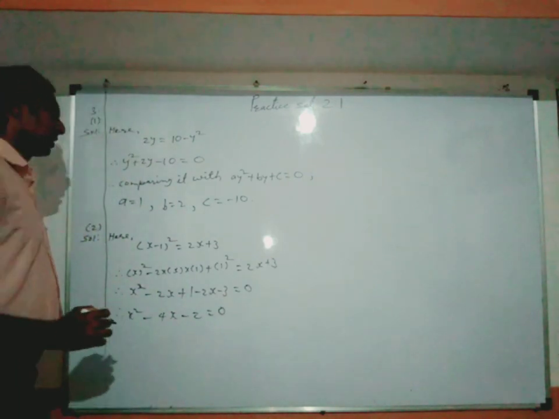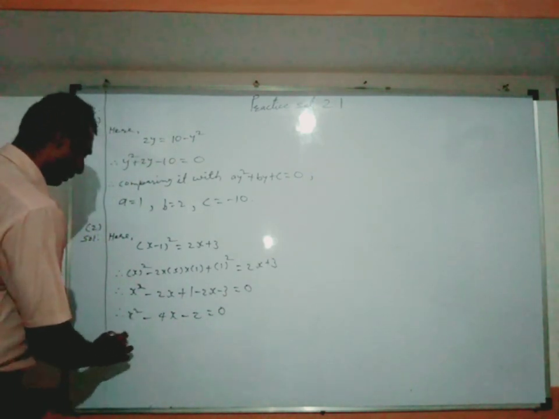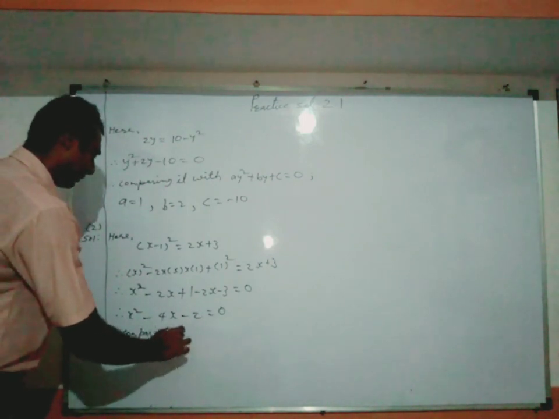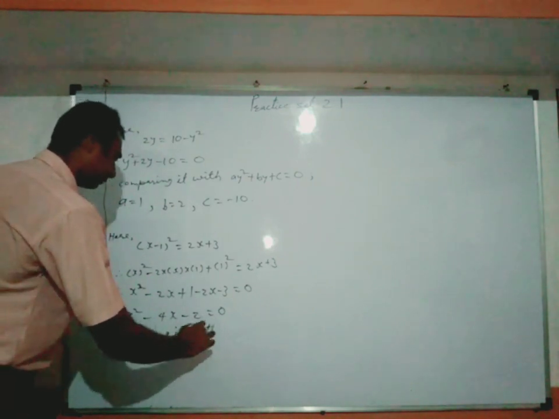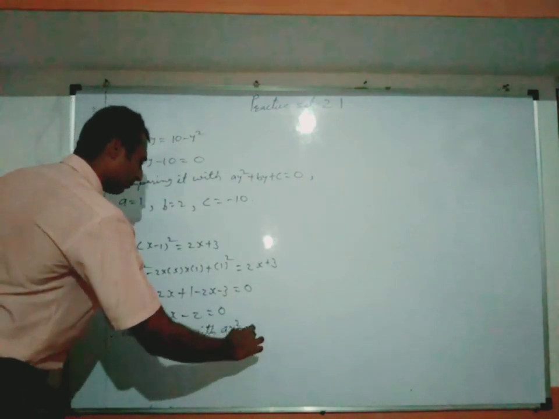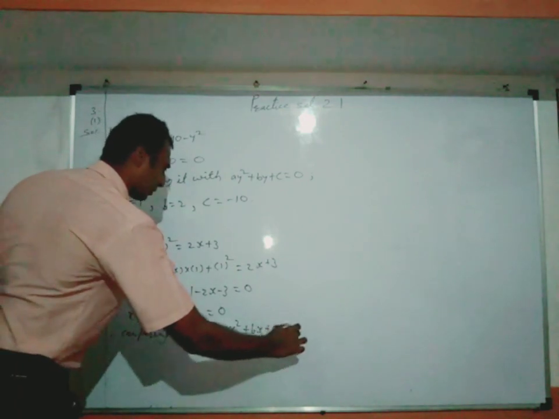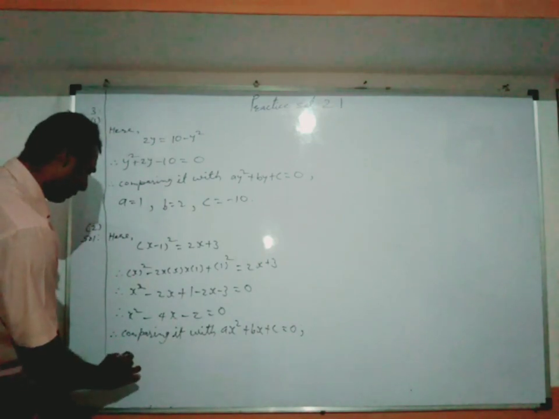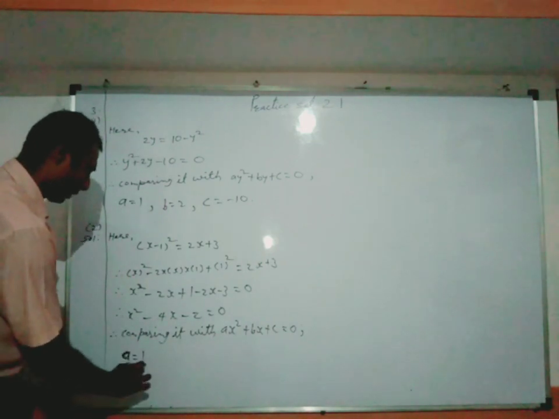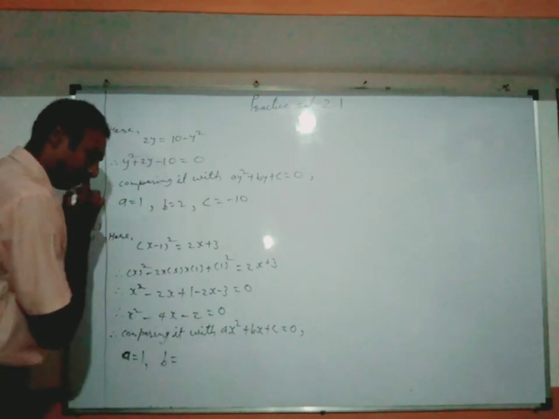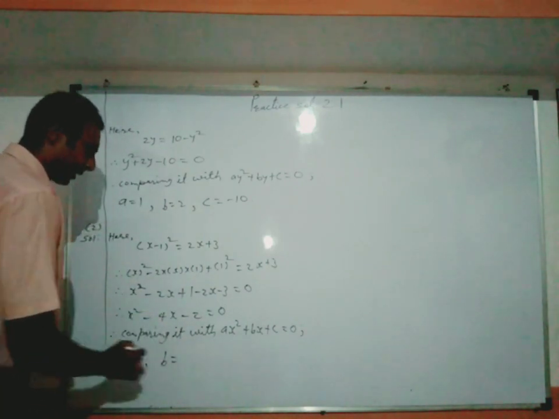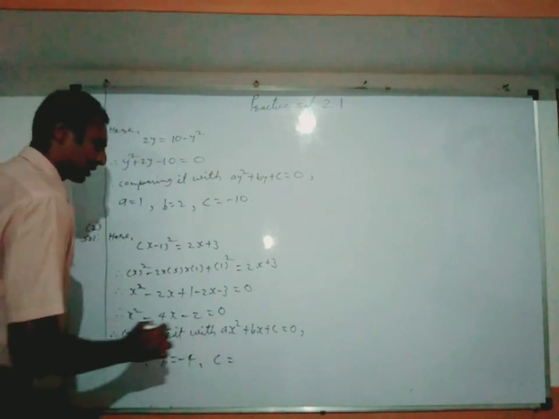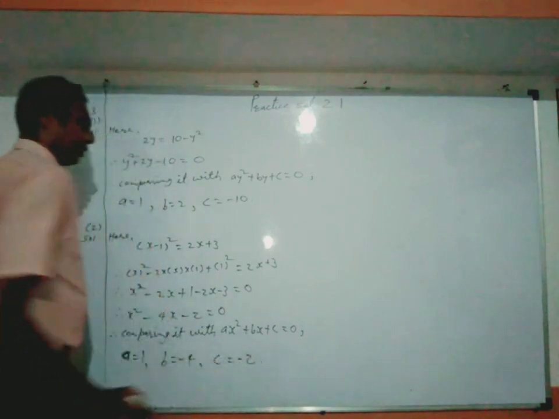Now it is in standard form, and therefore comparing it with ax square plus bx plus c equal to 0, we have a is the coefficient of quadratic term, that is 1, b is the coefficient of linear term, which is minus 4, and c is the constant term, that is minus 2.